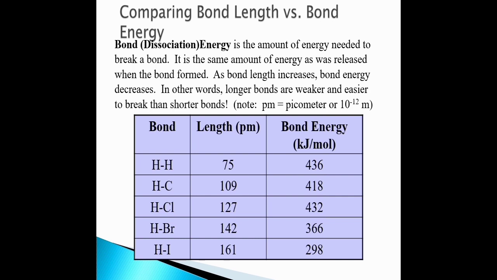The bond length of hydrogen-chlorine is 127 pm and bond energy is 432. Hydrogen-bromine bond length is 142 pm and bond energy is 366. Hydrogen-iodide length is 161 and bond energy 298.